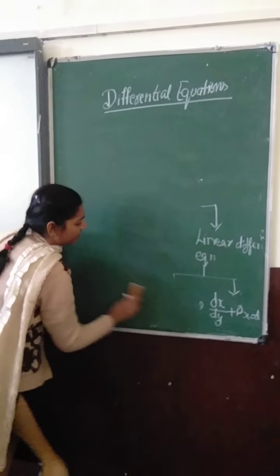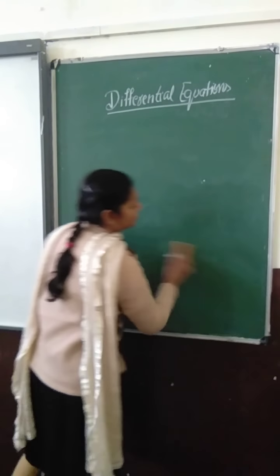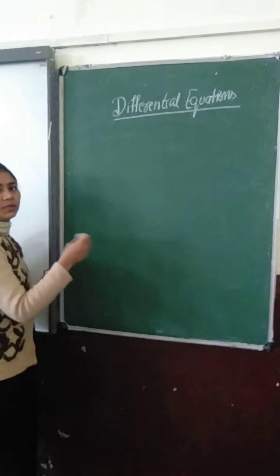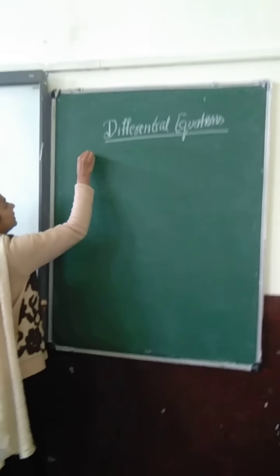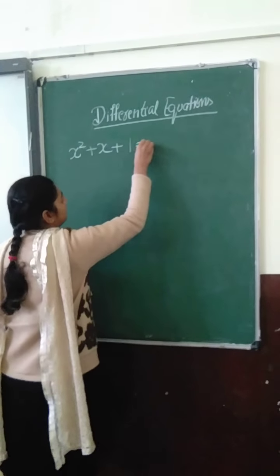that is how we will define differential equation, or how we will classify that this is a differential equation. So I am writing some equations here, like x square plus x plus 1 equals to 0.